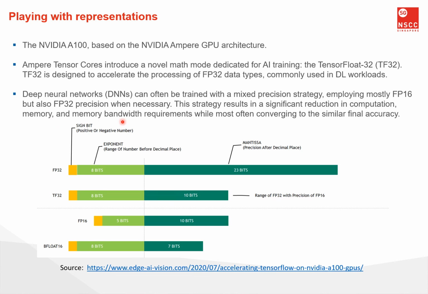The memory occupied and the amount of transfer, that is the memory bandwidth requirements, are also significantly reduced when you use this kind of representation strategy. These are additional things you can achieve with the hardware, beyond just making massive repetitions of the cores. So not just focusing on many cores, but also on what each individual core can do in terms of making the calculation more precise but faster.